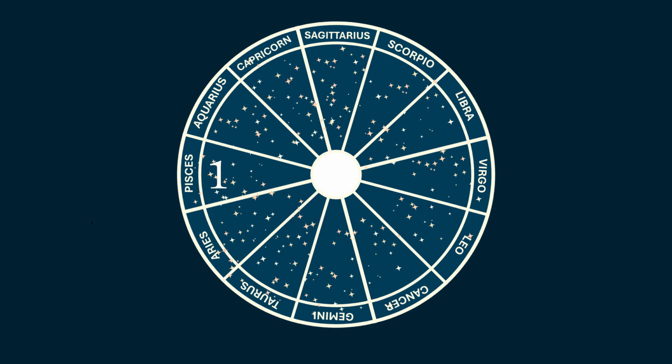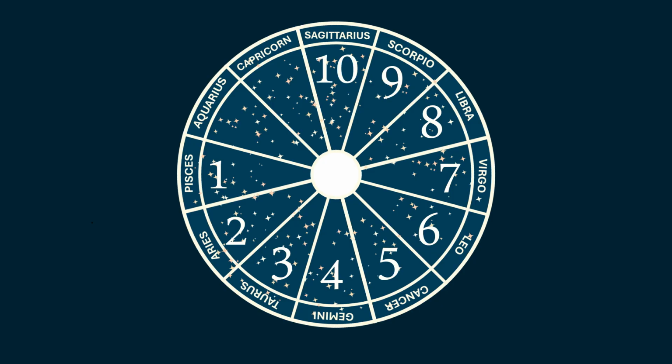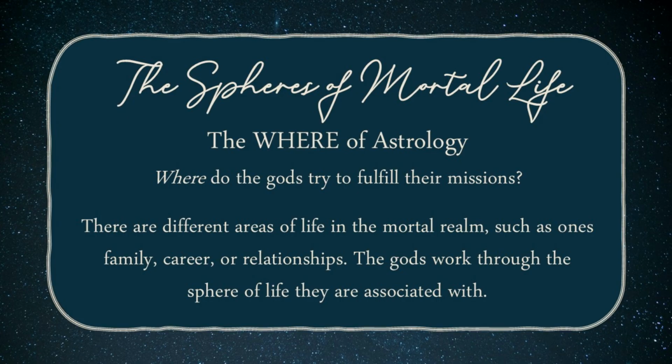The signs that follow will also become houses starting in counterclockwise motion. The sign after the ascendant will be numbered the second house, the sign after that the third house, and so on until the 12th house is reached. Each house is a sphere of mortal life, a specific area common to human life, such as marriage or children.